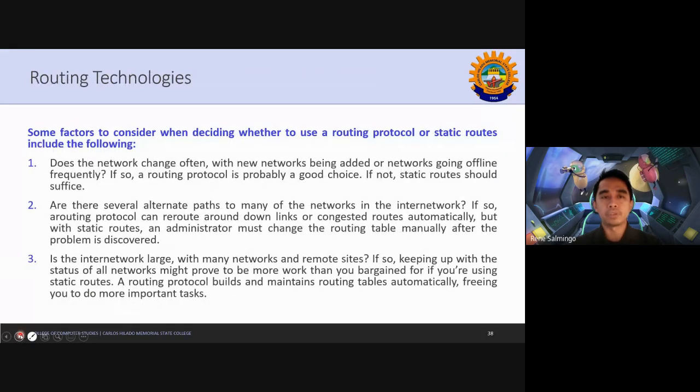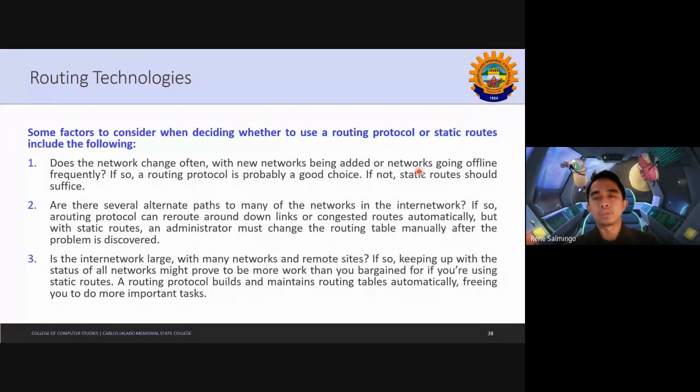So here are some factors to consider when deciding whether to use a routing protocol or static routes. What is a static route? If you put a default on your network, that is static. Or if you want to put 192.168.1.1, that is static. But if you consider a routing protocol, how does the network change?